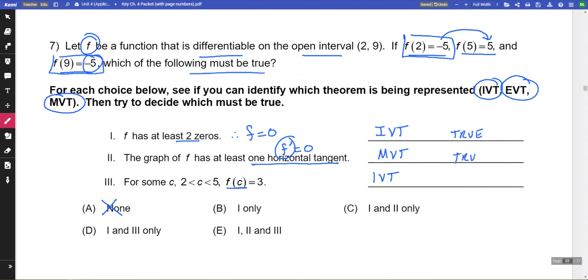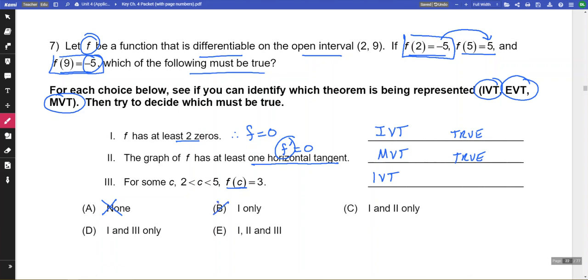So by the mean value theorem, because we are continuous on a closed interval and differentiable on the open interval, our mean value theorem guarantees that we will have the slope of the secant line equal to the instantaneous rate of change, or the slope of the tangent line. So that has to be true.